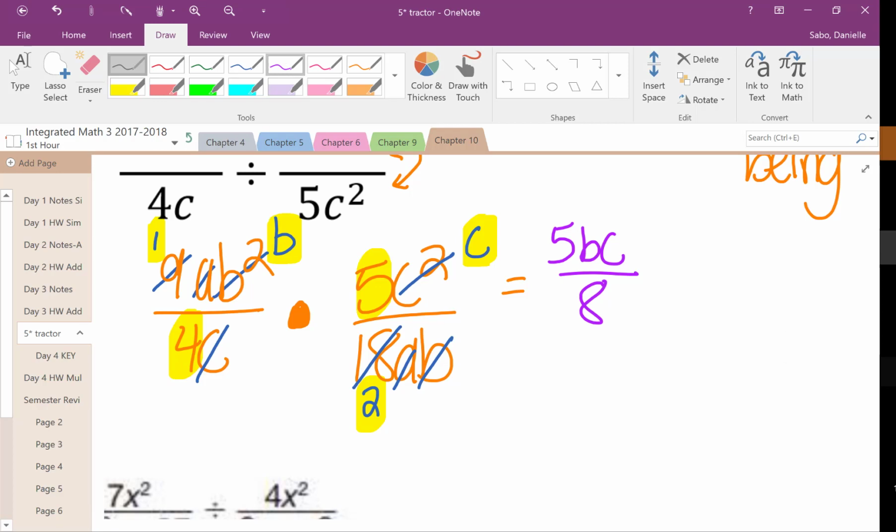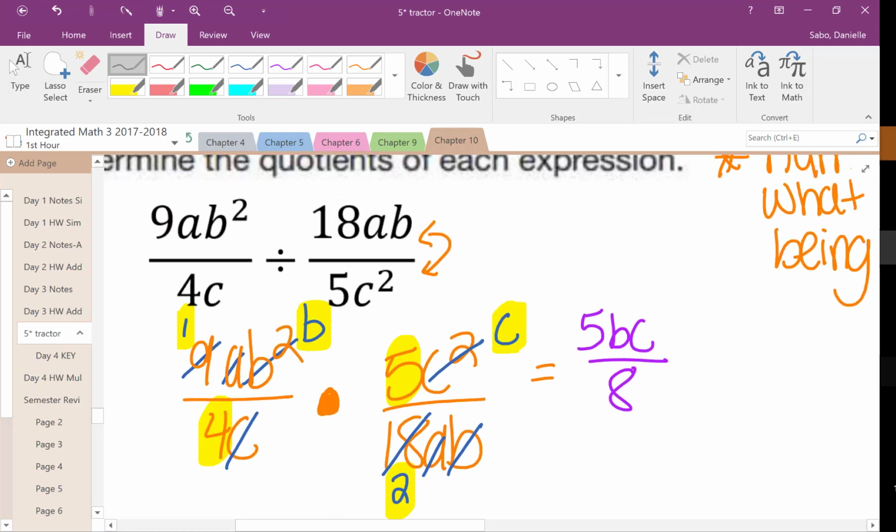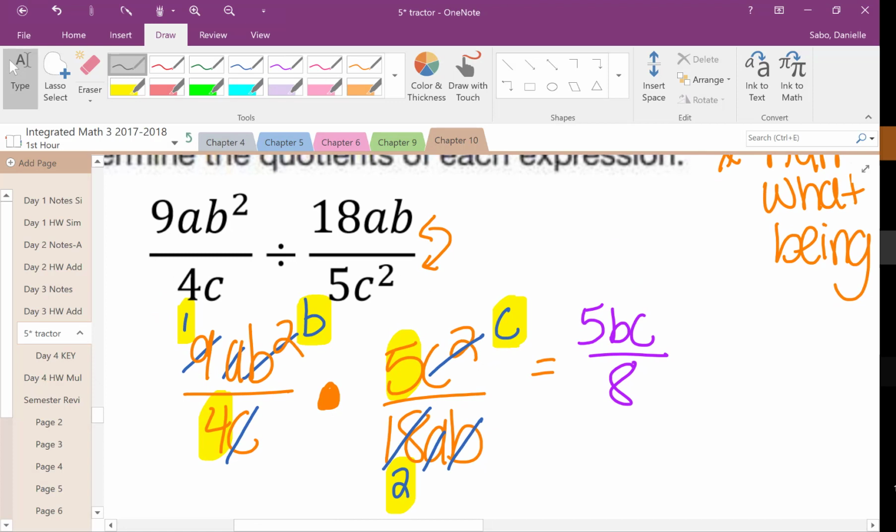Okay, now here is that step 3 that I told you might be a little tricky. Go to your original problem is my recommendation. What makes this part on the bottom equal to 0? 0. So C can't be 0. Well, this is already C, so we don't have to do it again. Here is the only new part.